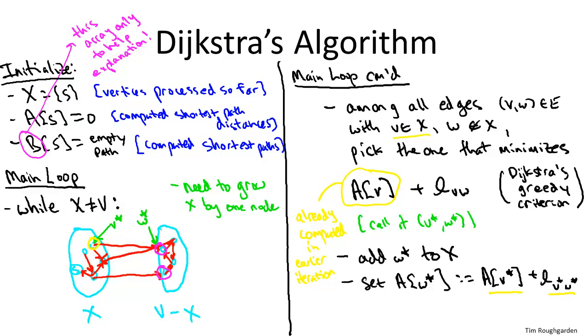Maybe it's something like 17. Then what is the length of the direct edge from V star to W star? Maybe that's 6. Then we would just add 17 and 6, and put 23 as our estimate of the shortest path distance from S to W star.